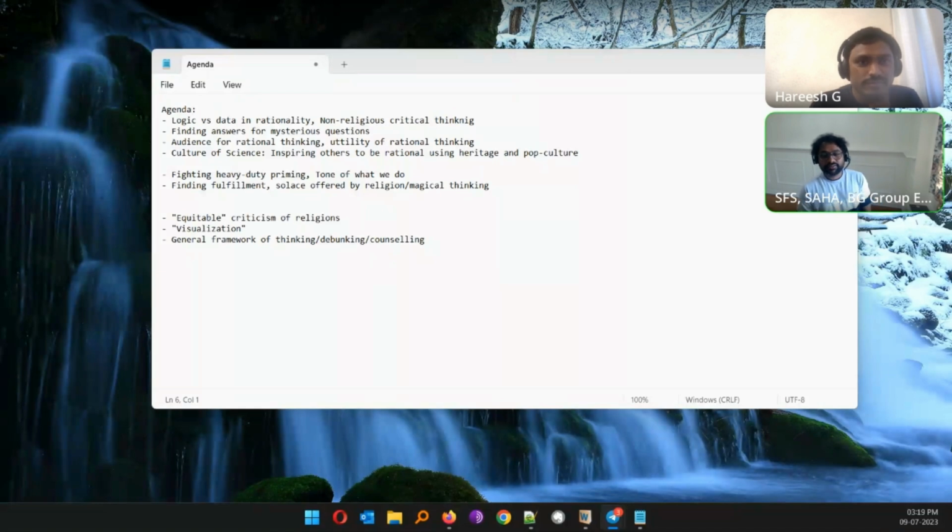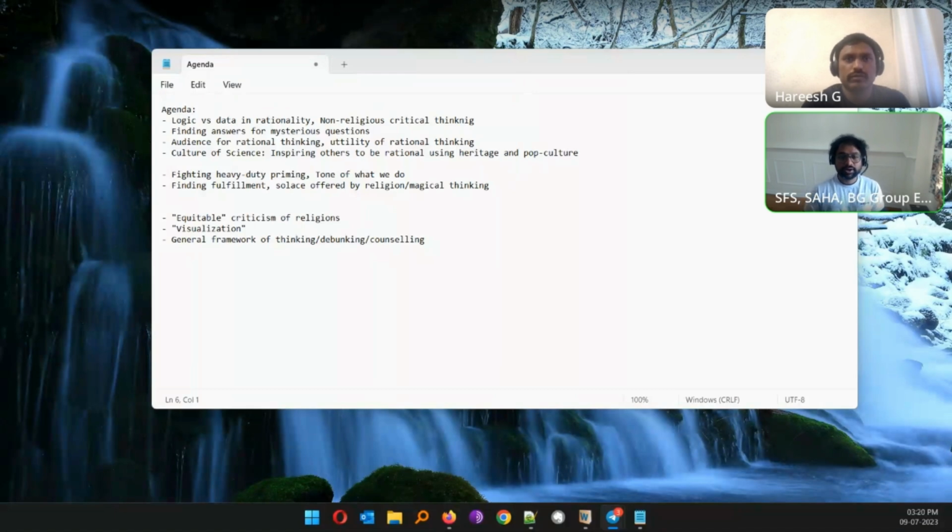Right. So I think we'll move to the last item in today's agenda, which is the culture of science. This is something that Sai Garu has raised, which is a really important thing, and is pretty much what we try to do all the time: we want to motivate others to think rationally and improve their rational thinking, and also to establish a culture of science, in the sense that we bring up points from heritage, because people do feel connected with the heritage that we have.